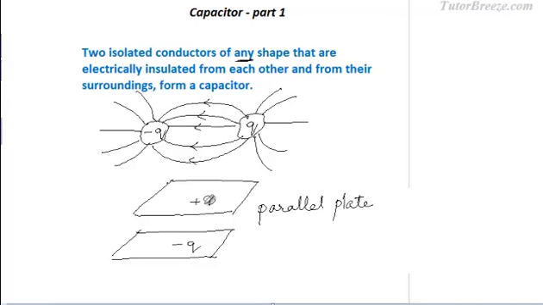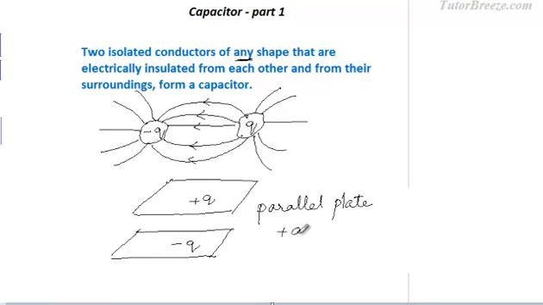Now the net charge on the capacitor is 0 because you have positive charge and an equal amount of negative charge. See, if you are charging a capacitor by connecting it to the battery, then at the positive terminal of the battery you have electrons which move from this plate to the positive terminal.